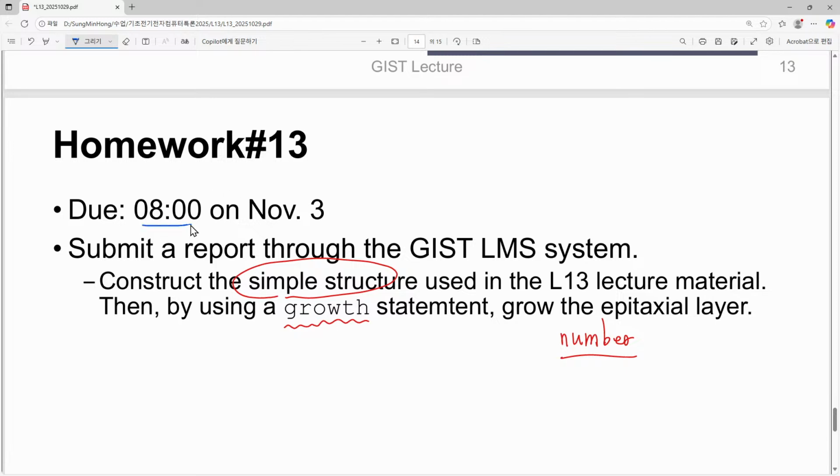It is due before our next lecture starts, and our TA will upload the most up-to-date version quite soon. Right now, I'm not sure we have the updated version, so please check it later.